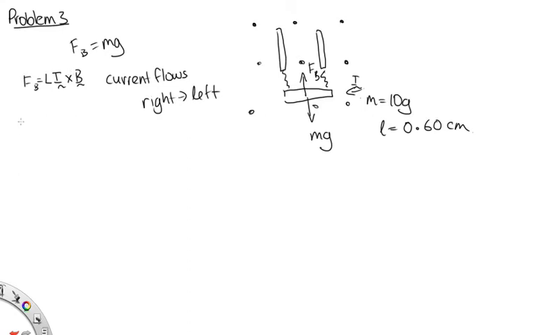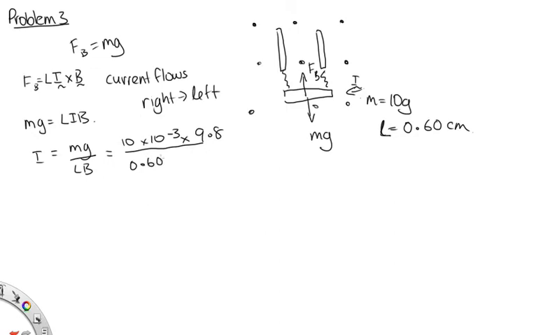So what we now have is mg is equal to LIB, and we can substitute in to get I, which is mg over LB. So m is 10 grams, so that's 10 times 10 to the minus 3 kilograms. g is 9.8. The length we're told over here, let's make it a capital L, is 0.60.